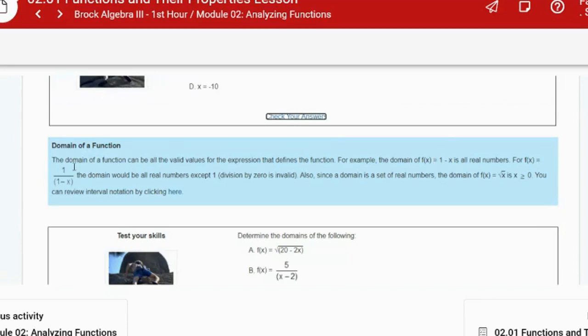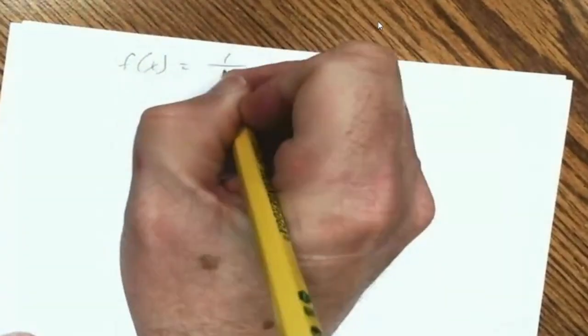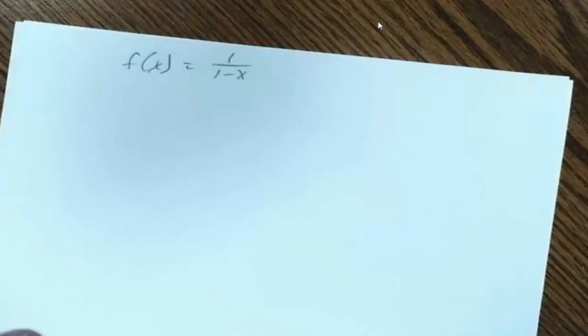But for f of x equals 1 over 1 minus x, let's look at that a little closer. I'm going to put this up on the screen. F of x equals 1 over 1 minus x. Okay, we want to look at this as far as what is the domain?